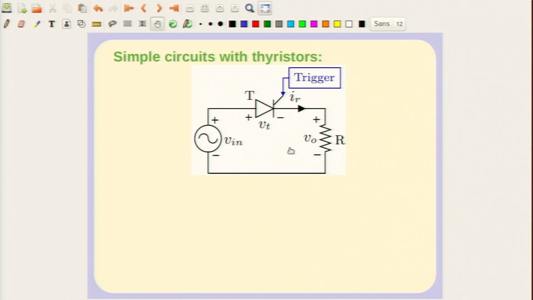But sometimes the trigger signal is an electrical current, and in that case you need a closed path for the current to flow, and usually the trigger circuit derives its power supply from the voltage across the thyristor itself. So, the voltage here is fed to this, and you have an electronic circuit here which generates a current which goes into the gate and switches the thyristor when it is forward biased, when you wish it to.